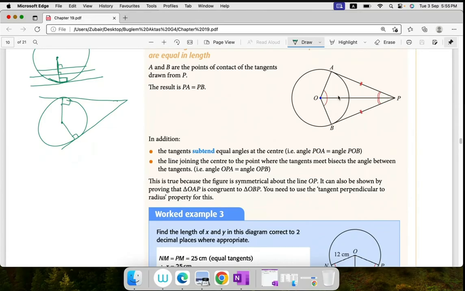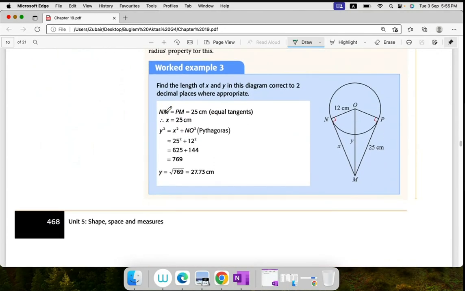Yes, shape of triangle, all angles same, all lengths same. OAP is equal to OBP. So same goes for this. I can directly copy without solving that this is 25.